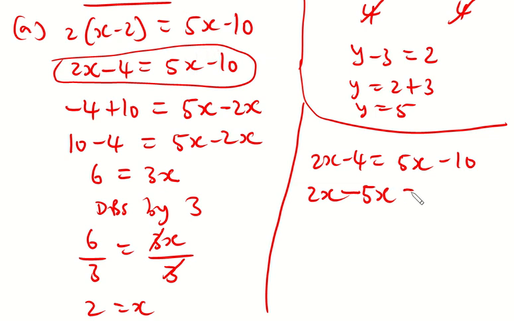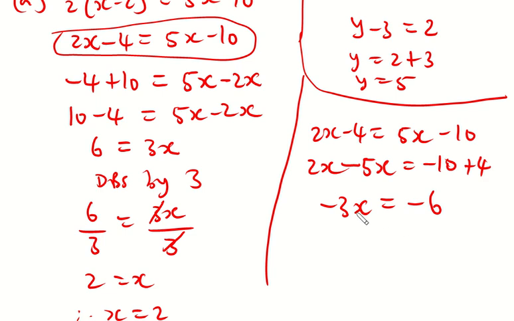Now let's move on. So this is minus 10, right? Move minus 4 to the right-hand side. You will have plus 4. Let me ask you, what's 2x minus 5x? 2x minus 5x is minus 3x. Take note of that. 2 minus 5 is minus 3. There was minus 10 plus 4. That is minus 6. This is what I'm doing now.